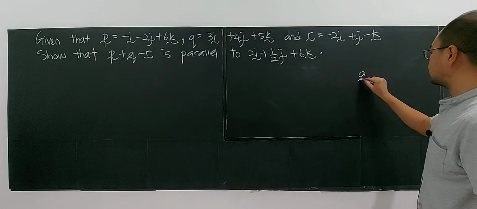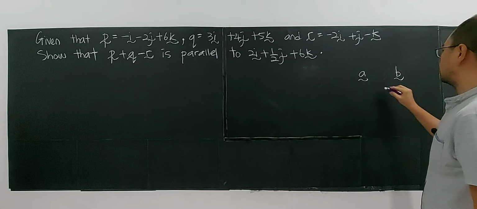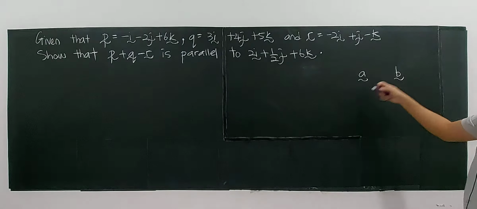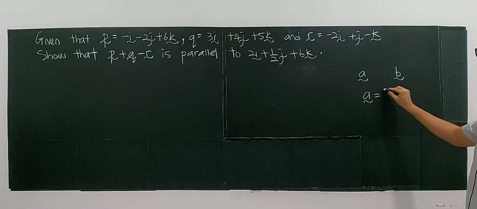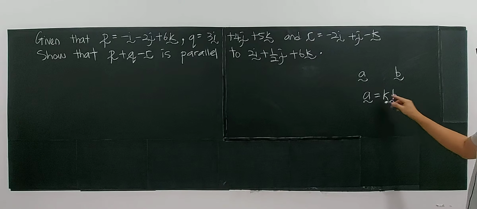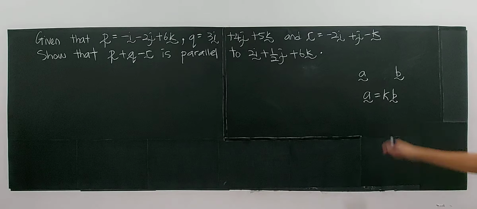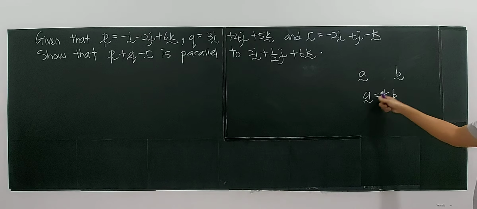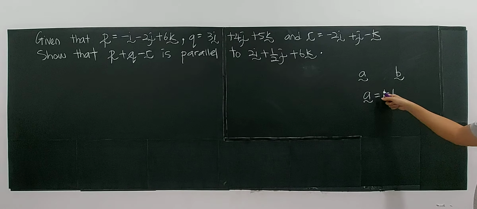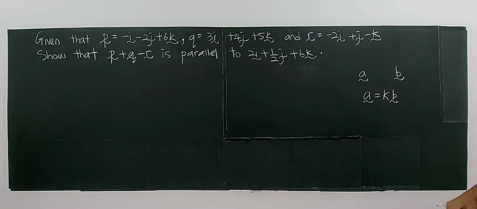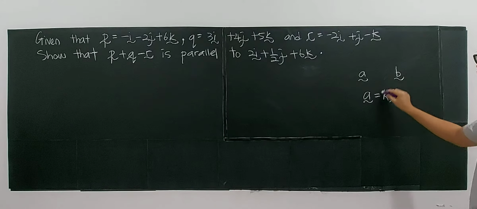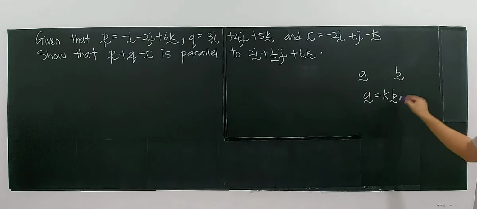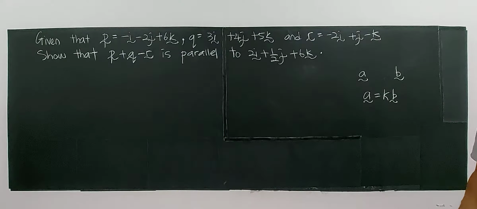If I say vector A and vector B are parallel, we can relate them by a scalar. Vector A is equal to the scalar multiplication of vector B. As long as you can rewrite these two vectors and relate them by a constant k in the form of an equation, then these two vectors are parallel.